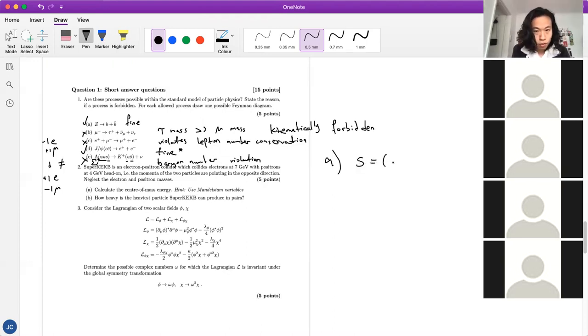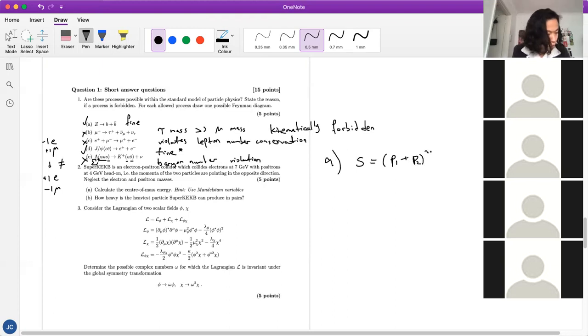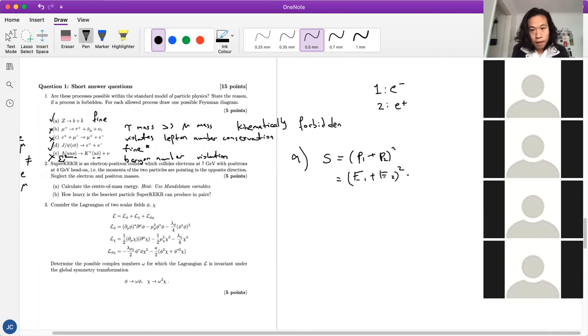So S is equal to (P1 plus P2) squared by definition. I'm just going to call 1 the electron and 2 the positron. And that would equal (E1 plus E2) all squared minus (P1 plus P2) squared.